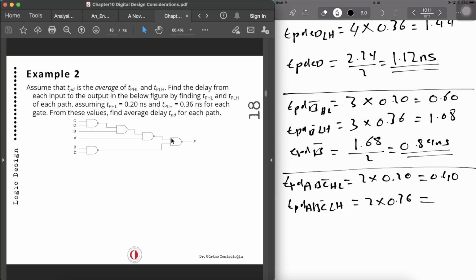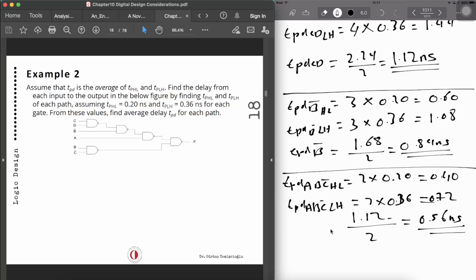So in the end, this is going to be 1.12, and then divided by 2, this is going to give us 0.56 nanoseconds. So for each path, as you can see, we can find the average propagation delay.